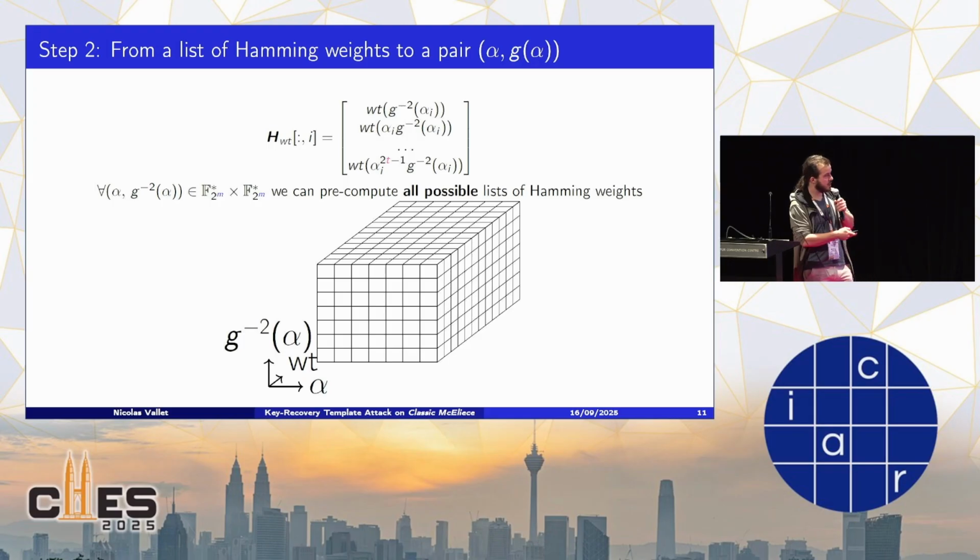And then the idea will be to compare the recovered lists with all the lists of the cuboid until we find the corresponding one. And so we can recover the corresponding alpha and g to the power minus 2 of alpha.